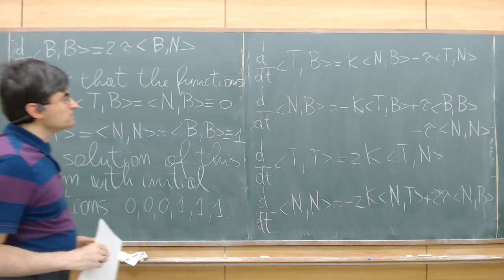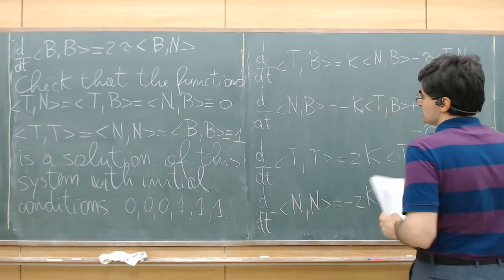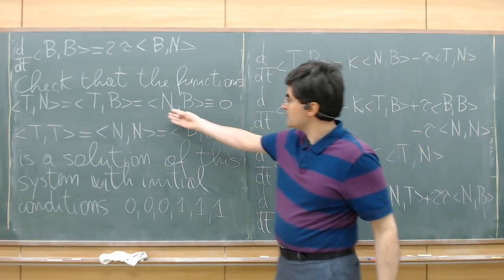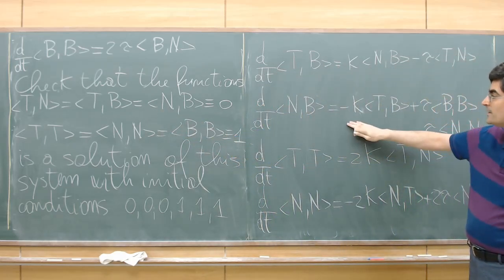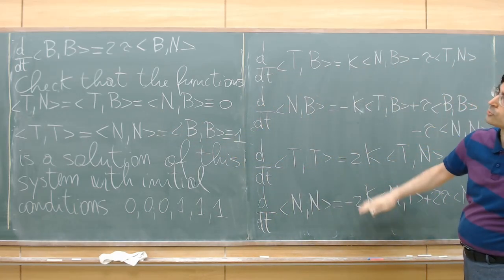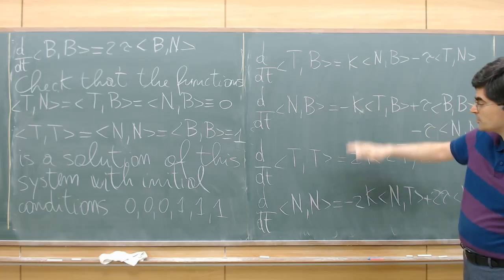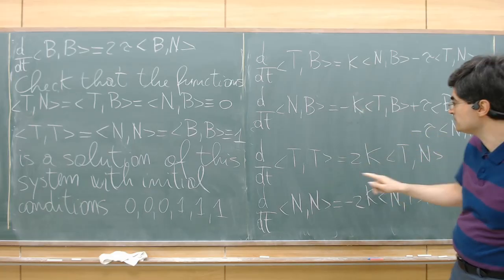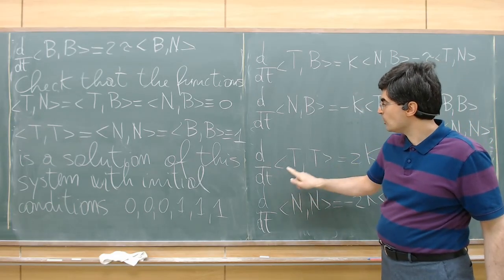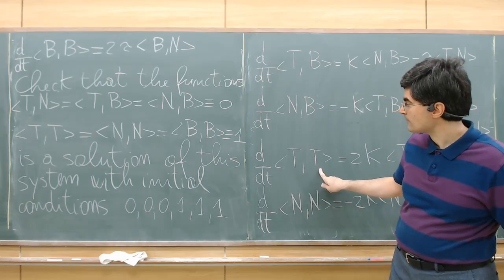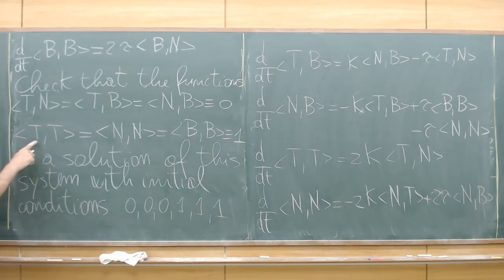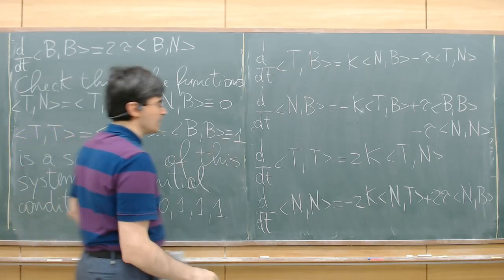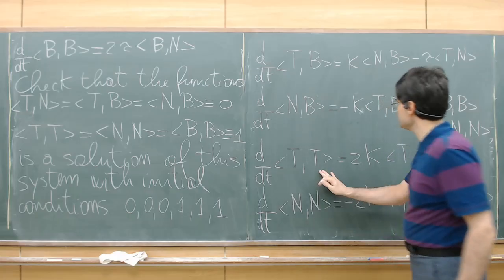What does it mean? It means that if you replace these 6 functions into this system, you get that all the equations which form the system are satisfied. For example, d/dt of TT is 0 because the product of T with itself is 1, so the left hand side of this equation is 0.